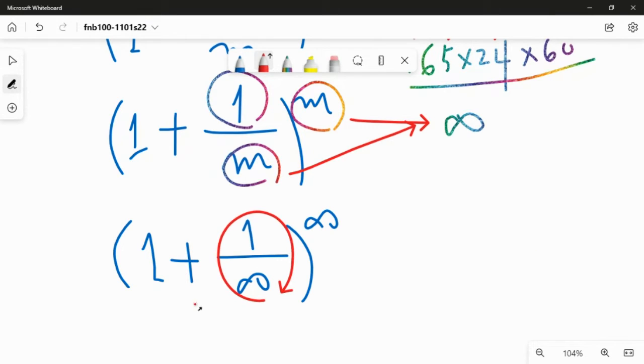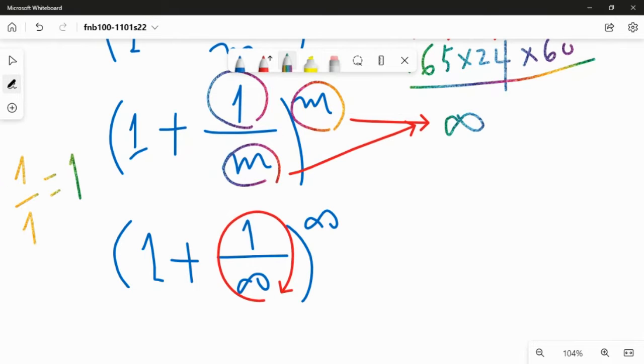What do you think this is going to be? 1 over infinity. It would be 1. Why would it be 1? It will only be possible if it is 1 over 1. If you're dividing 1 by anything and you want it to be 1, you will have to divide it by the same number. It's infinity.